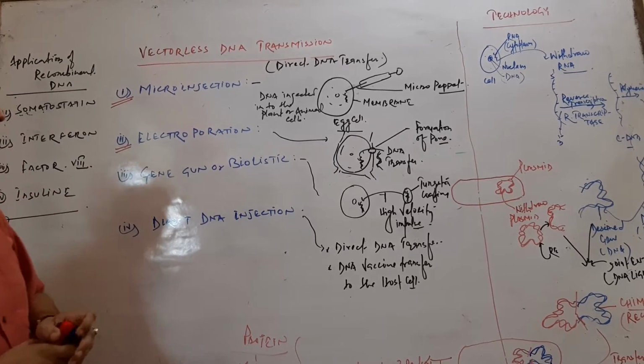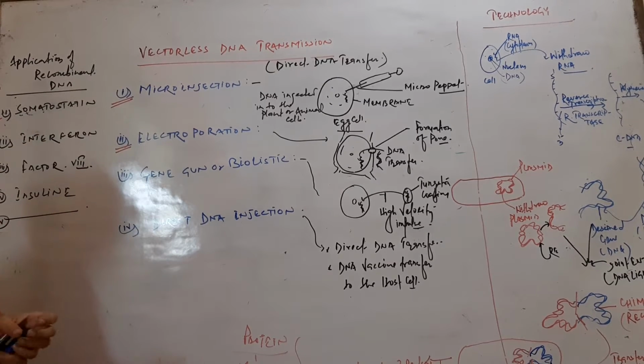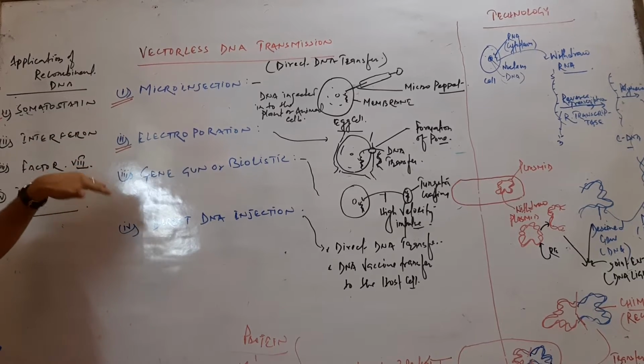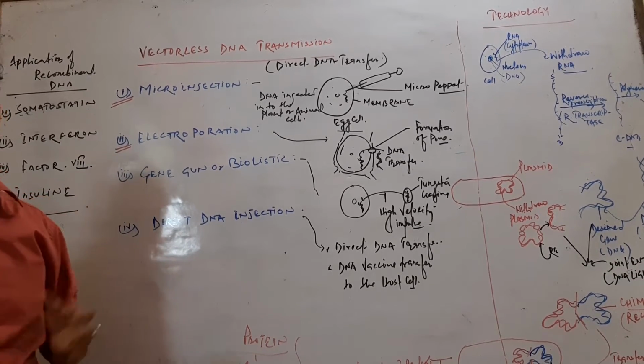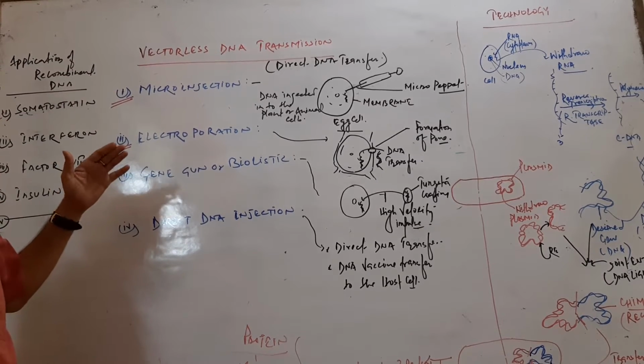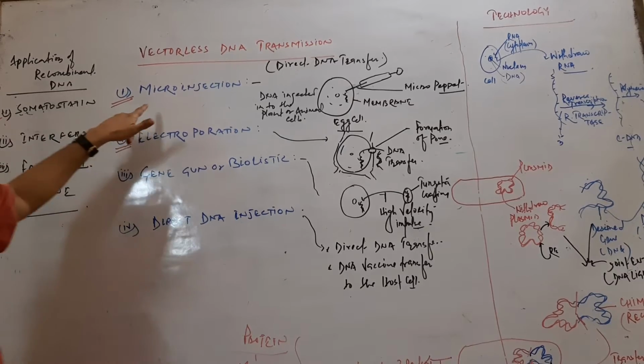There are various carriers we use to carry the DNA from one organism to another organism. Now we are using vectorless DNA transmission, which is direct DNA transfer. There are tools to transfer the DNA from one organism to another. First is microinjection.